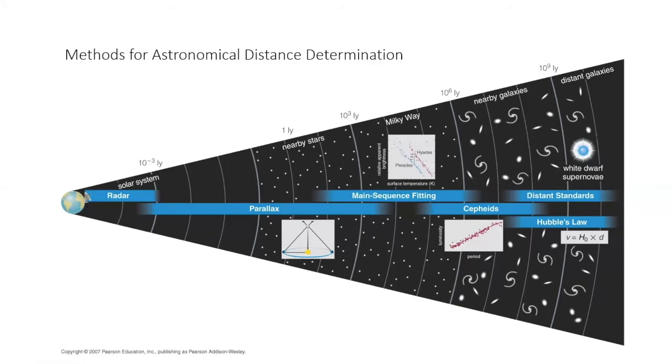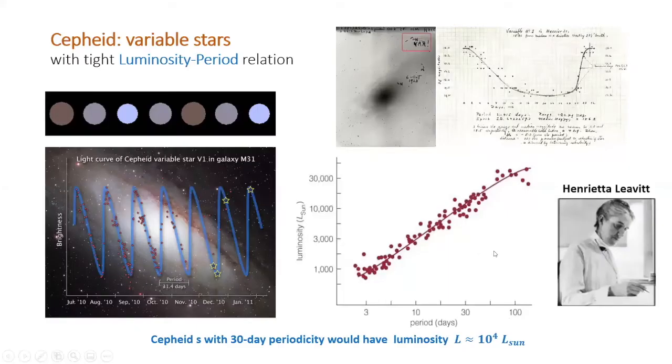And then Cepheids. I'll come back to that figure later. Cepheids are very interesting stars, very useful for us. They're variable stars with a very tight period-luminosity relation. They go larger and smaller and larger, pulsating like that, and while doing so they become brighter and dimmer, in a very periodic manner.